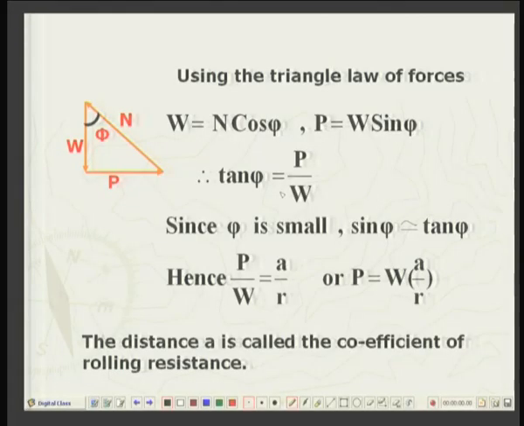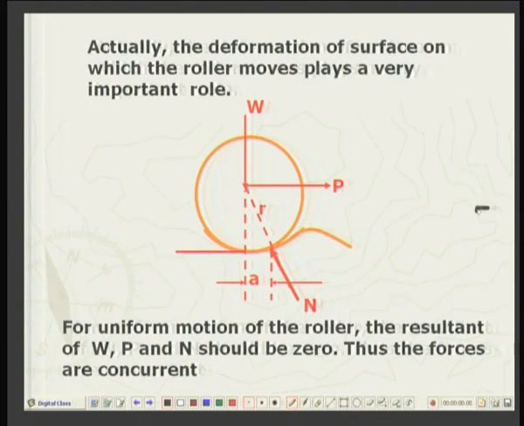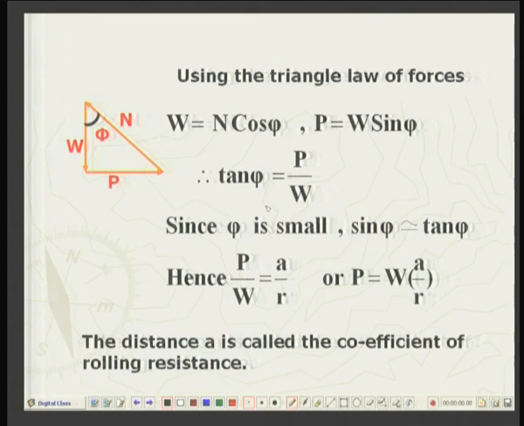So we replace this tangent phi by sine phi, then P over W is equal to, if I go back to the picture here, this will be angle phi here, so you can see that if I complete the triangle, this will be A over R, okay, that is sine phi. So P is equal to W A over R.